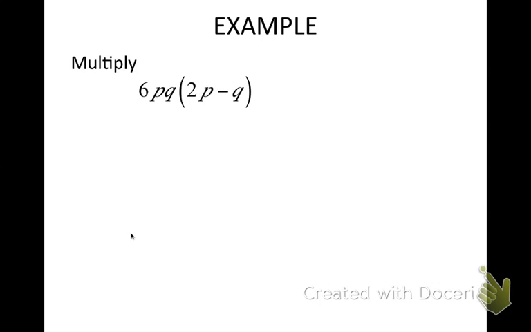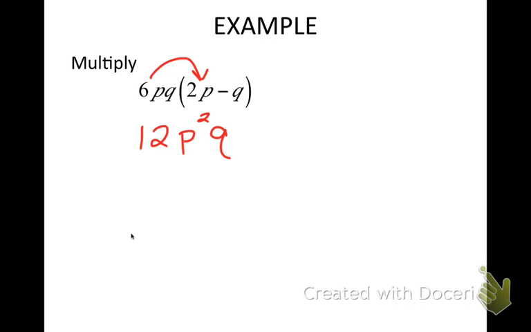All right. How about this one? 6pq times 2p minus q. What will be the first distribution? 12p squared q. Good.